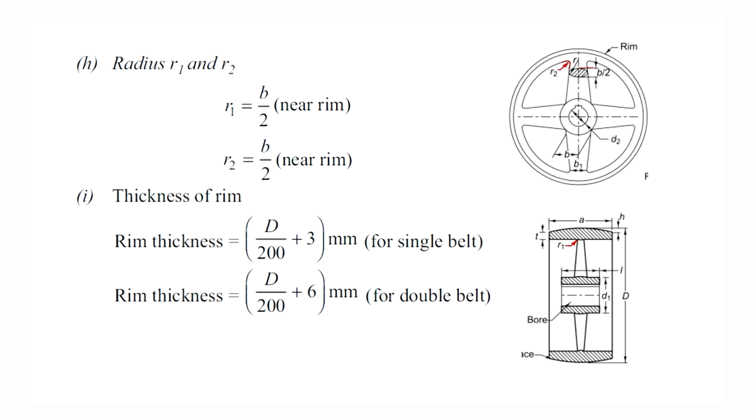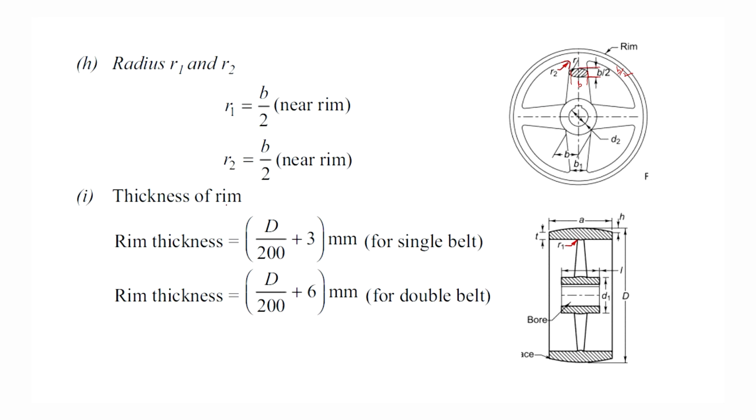In this diagram, the minor axis is B divided by 2, and so the major axis of the cross section of the arm is B. So, knowing this B, R1 can be determined as B divided by 2, and R2, this fillet radius, is again equal to B divided by 2.